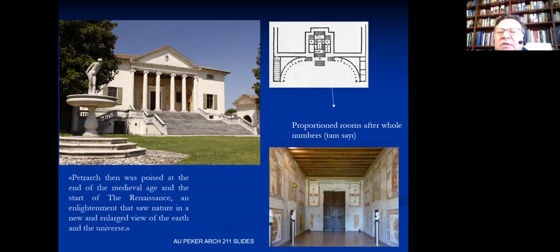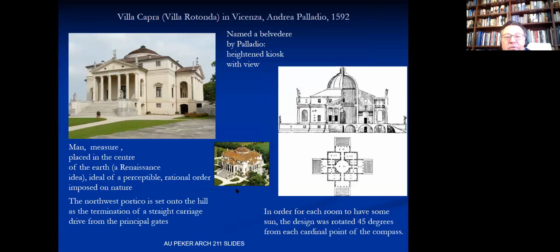This should be the central piece, because we have side rooms, as you can see, right and left, with the gates. Rooms are proportioned after whole numbers. This is further information for you.